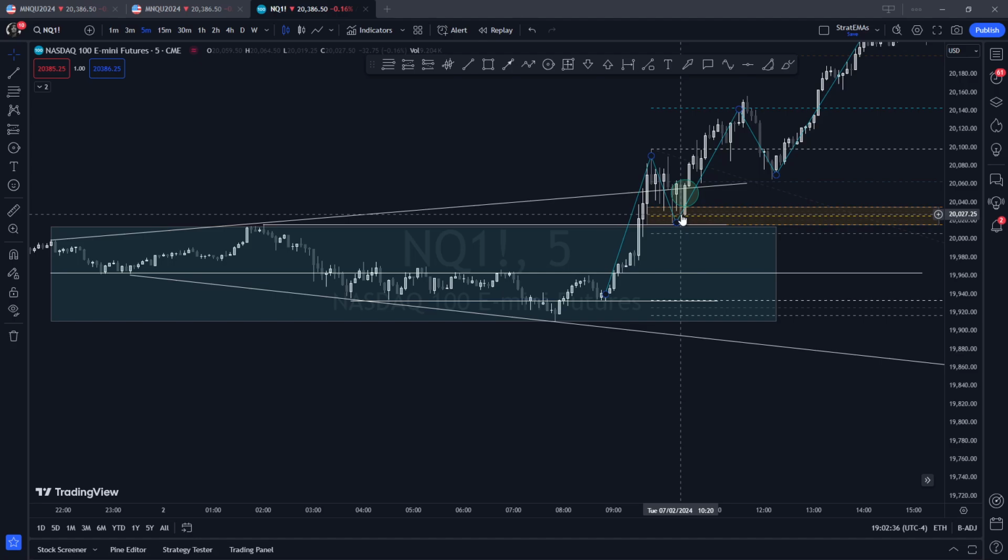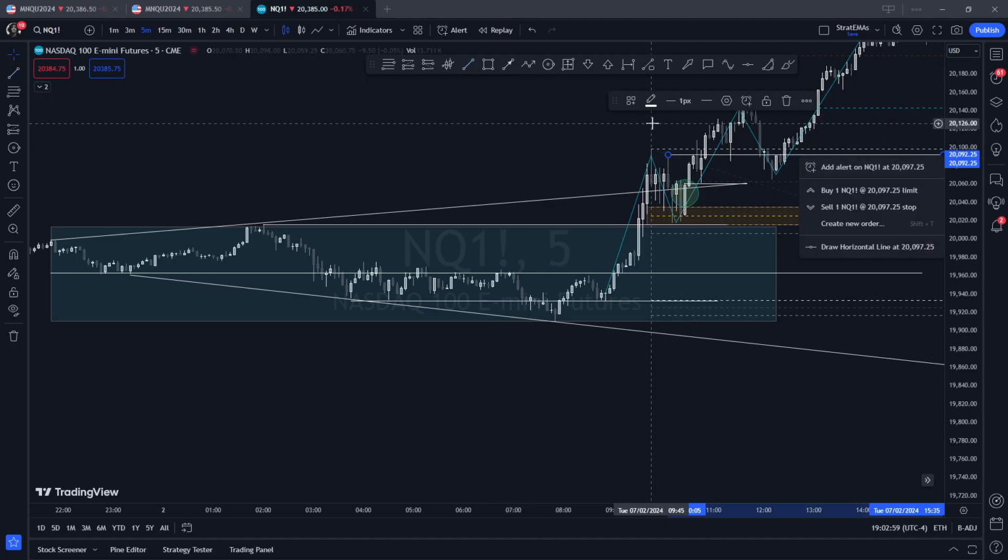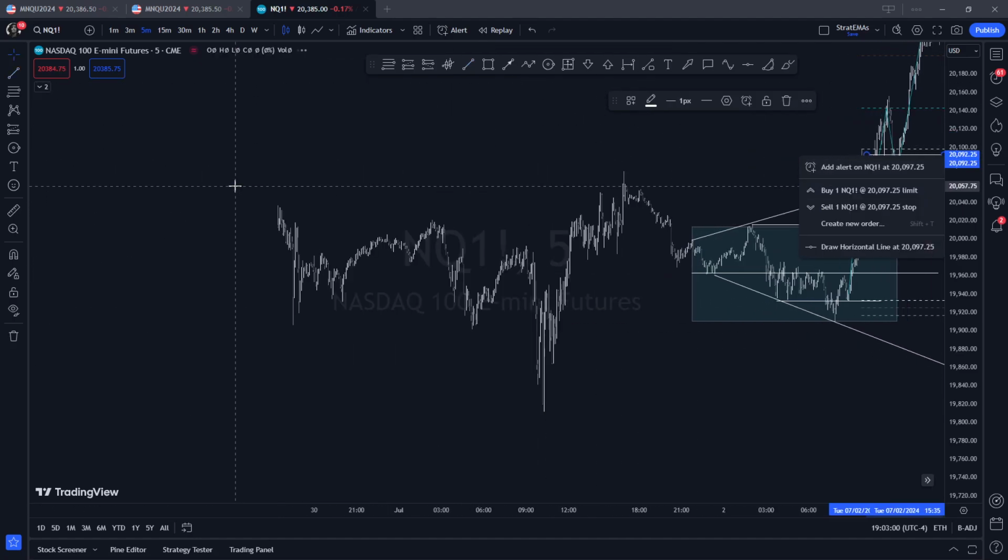You could take it here on the pullback within the golden ratio, but right here, as far as the strat's concerned, your trigger is right here. So you're triggering right here, and then you're triggering to take out other highs on this level, and so on and so forth.